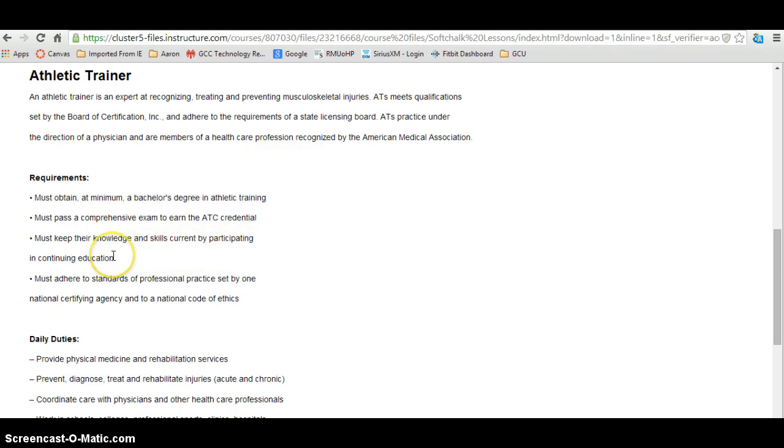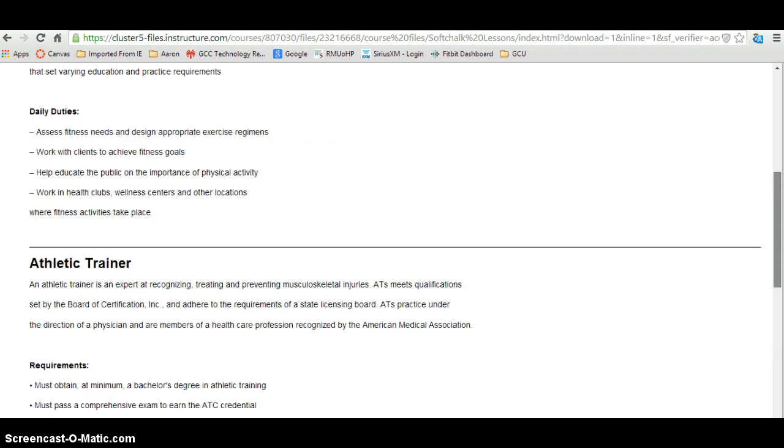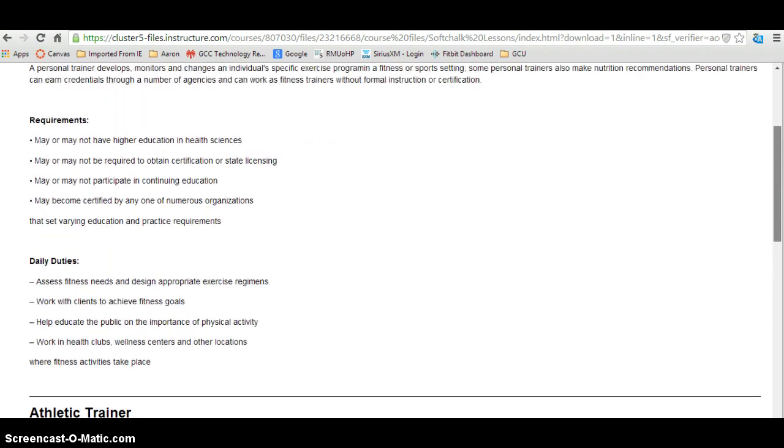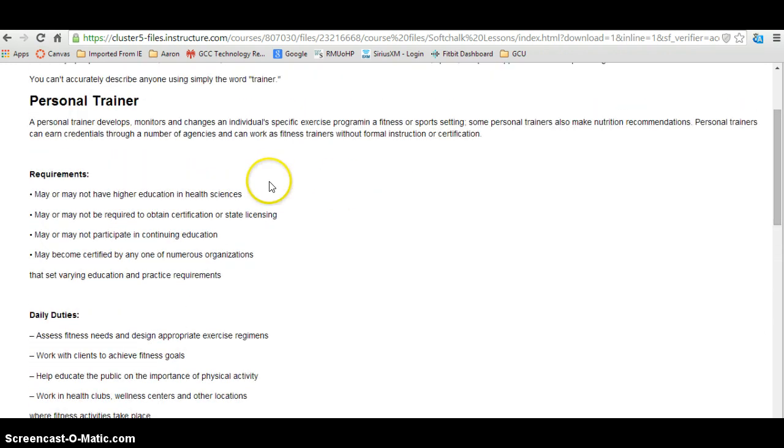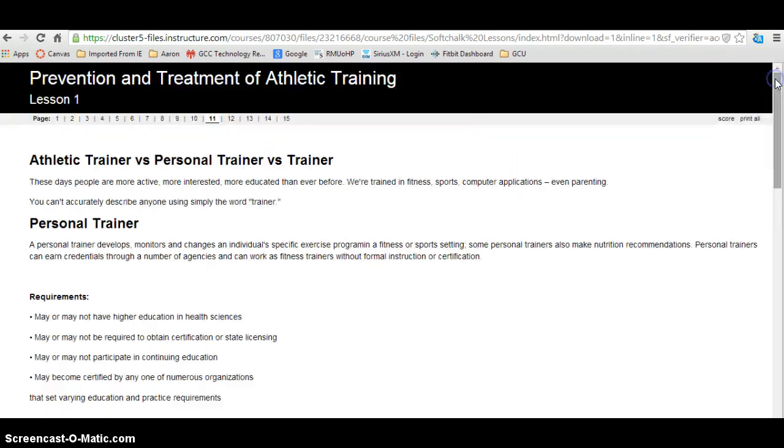We must participate in continuing education, and we must adhere to our standards of professional practice, as opposed to a personal trainer who may or may not have higher education, may or may not be licensed, more than likely not be licensed, and may or may not participate in continuing ed. So although personal training is a growing field, it's not as stringent as athletic training.